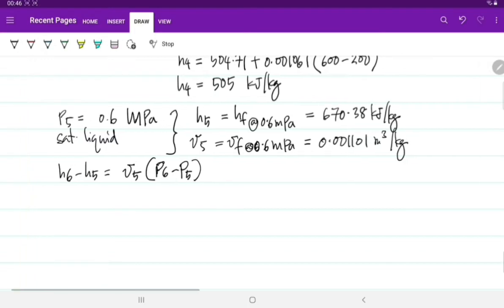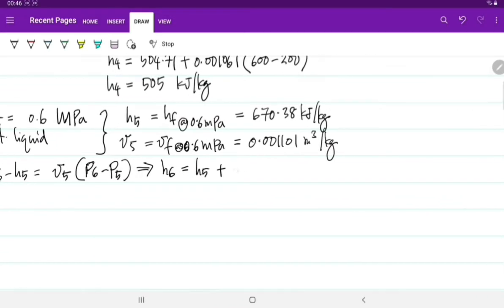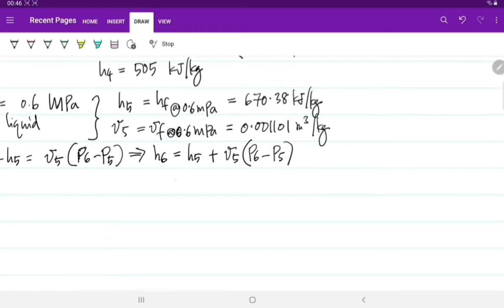Okay, and then from here you can find H6 equals H5 plus V5 times P6 minus P5. Substitute the numbers. 670.38 plus 0.001101.